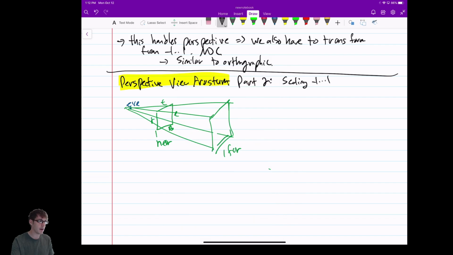Now, the first thing I want to highlight is that our division by Z that we do in the previous step changes it from a frustum into a rectangular prism.